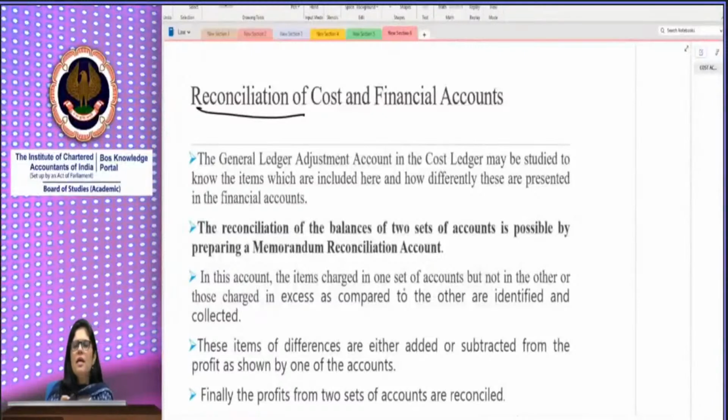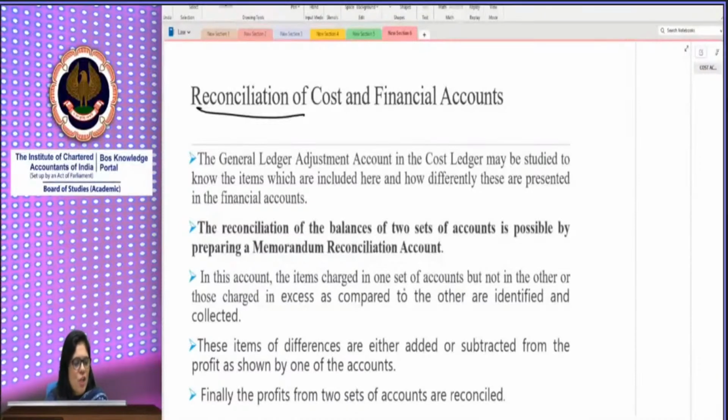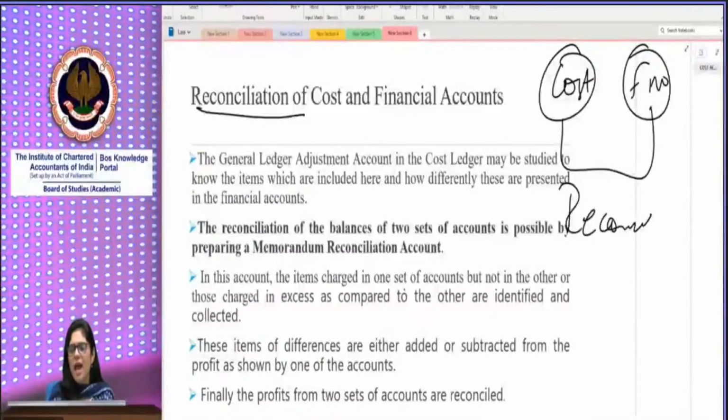Reconciliation can be used either in integrated or non-integrated. Non-integrated, yes. If we are making non-integrated, cost and financial we are making separately, then we have to reconcile because we have costing profit and we have financial profit.